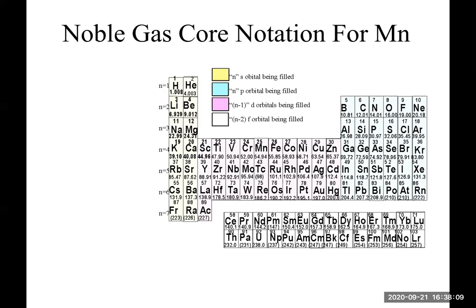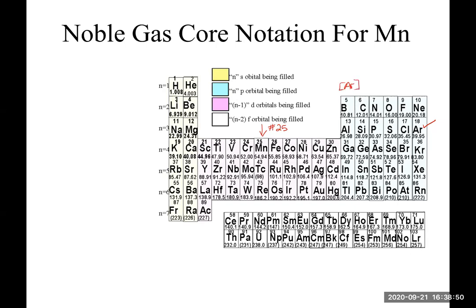So let's do that for manganese. If we look for manganese, it's right here on the periodic table, atomic number 25. That means we have 25 electrons to deal with here. If we back up to argon, then instead of writing out the whole electron configuration, starting with n equals 1 and going to n equals 2 and then n equals 3, we could instead just put argon in brackets.